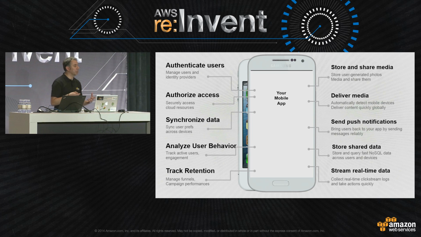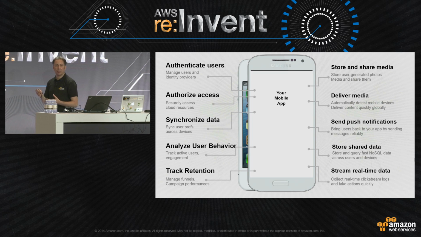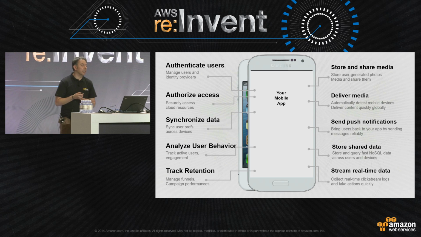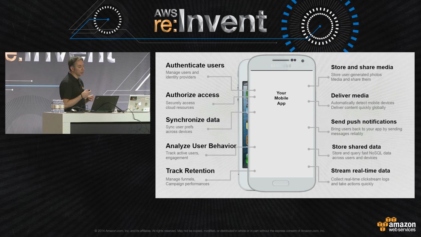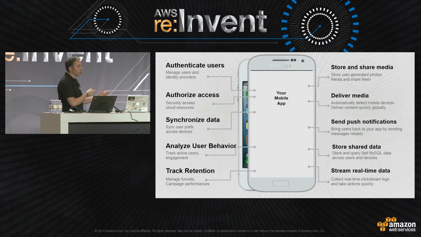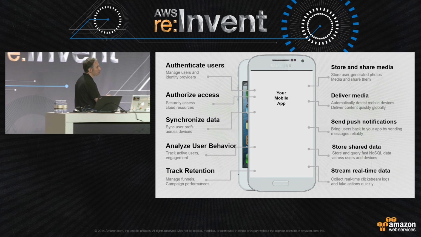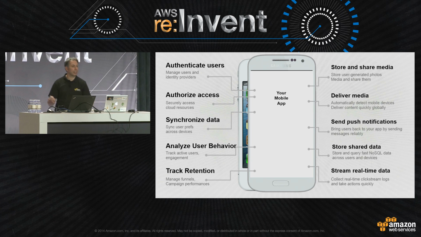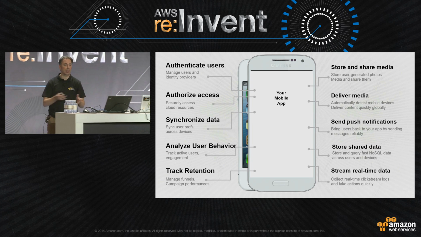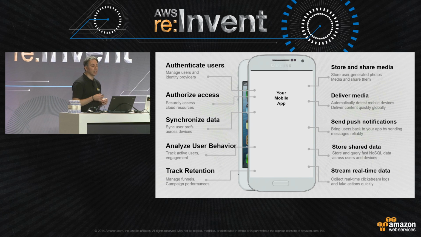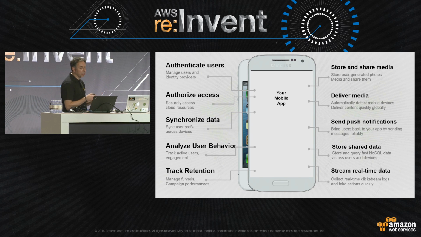So after authentication, there is the authorization, so they will be able to do something based on their user. And you need to synchronize data because you want to give the same user experience across different devices and across different operating systems like iOS, Android, and Android for Amazon devices.